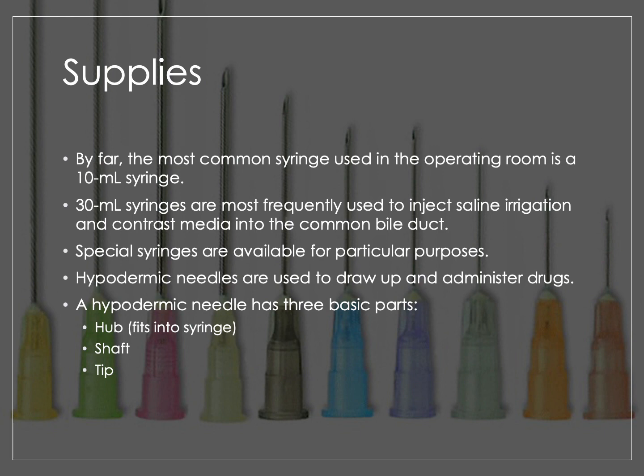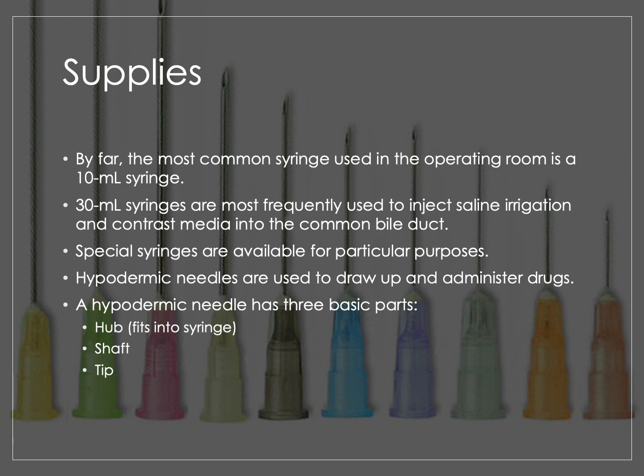Hypodermic needles. That's what we use to draw up and administer medications, and they vary in diameter and length. So it's kind of weird because the smaller numbers are bigger hypodermic needle gauges.